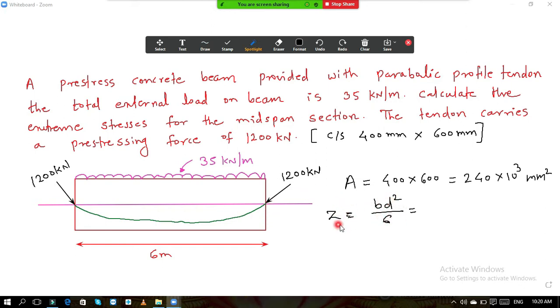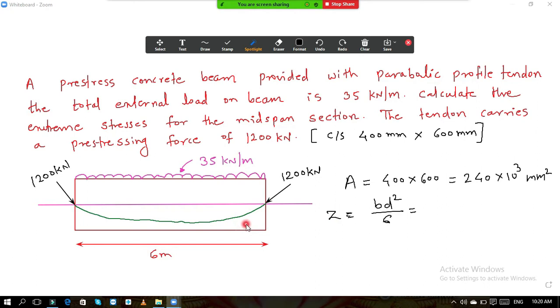The original formula to calculate Z is I by Y, where I is the moment of inertia and Y is the distance of the extreme fiber from the centroidal axis. This section is symmetrical, so whatever distance is there from the neutral axis to the topmost fiber, the same distance is there at the bottom. That is why the Z value is the same at top and bottom.